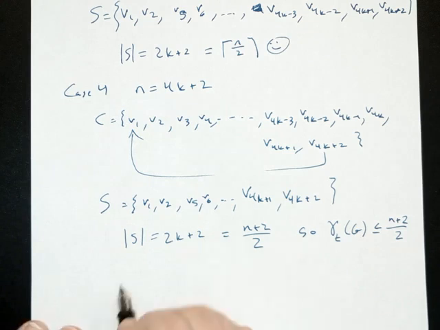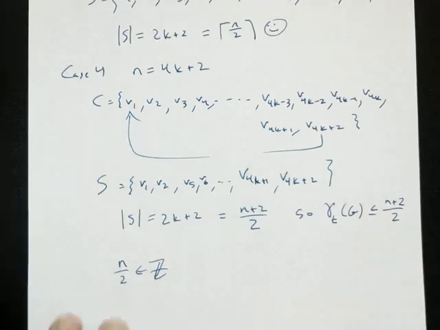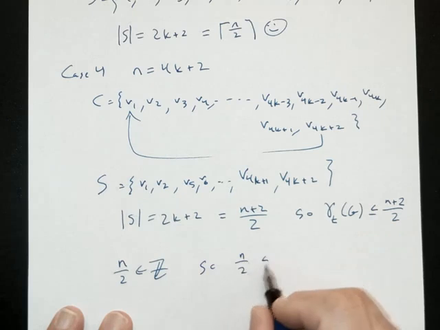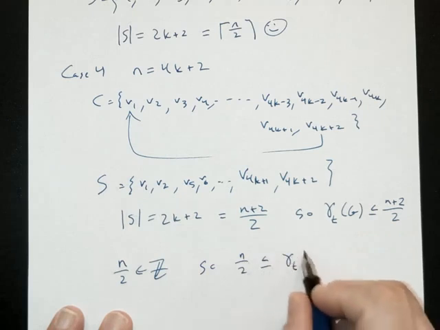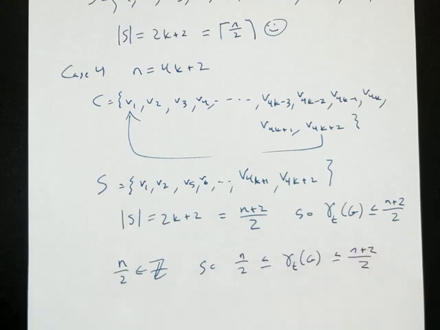Yes? And this number is exactly 1 bigger than it: N over 2 plus 2 over 2. So the only other choice I have for a domination number is 1 less than this set.